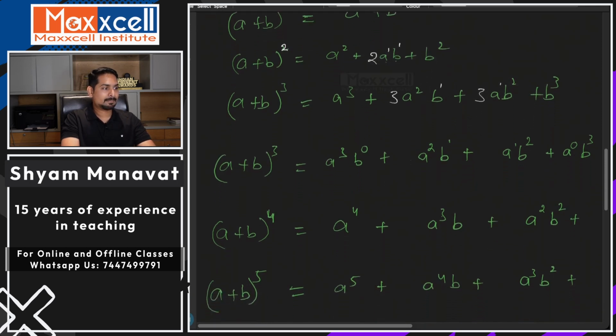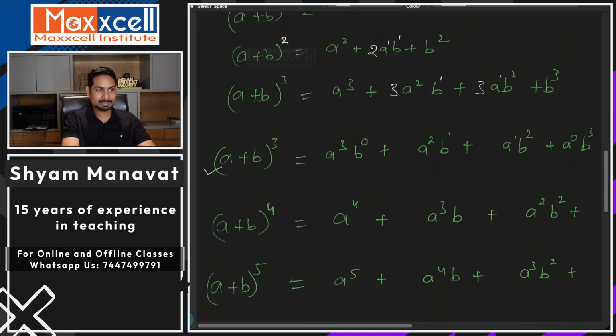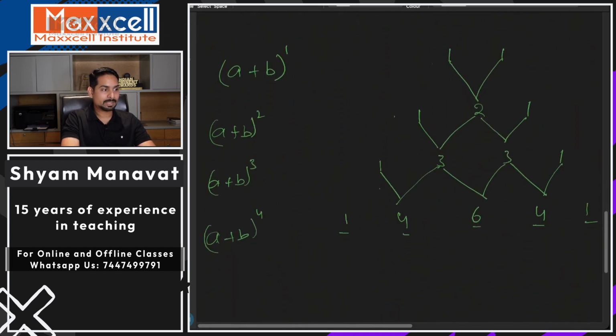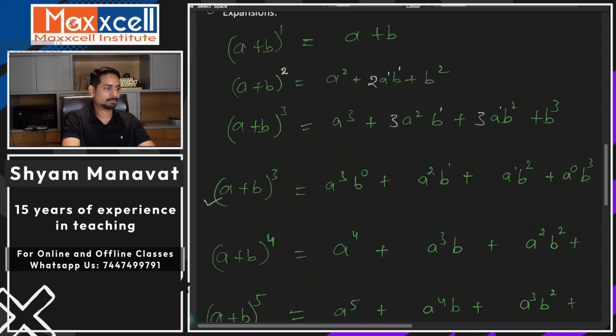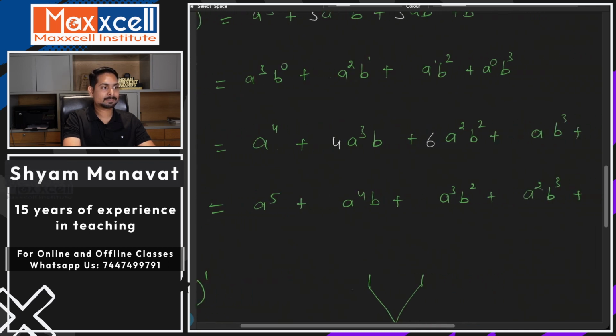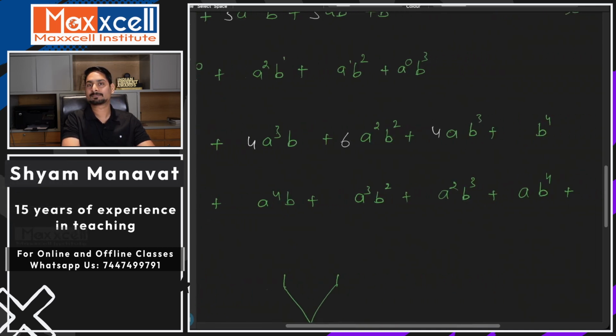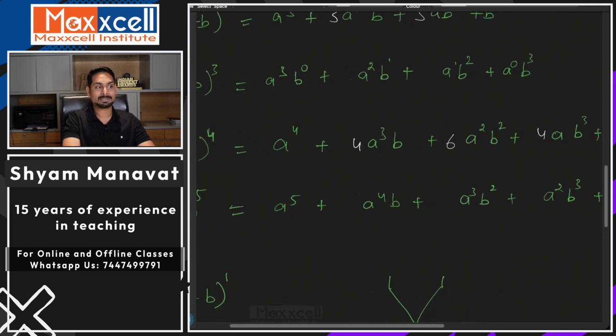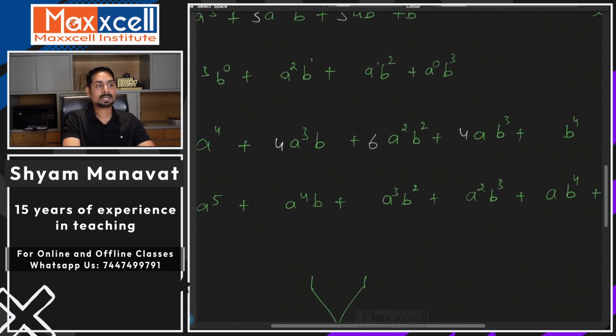This I tried to explain in terms of a and b. Now for power 4 we got 1, 4, 6, 4, 1. So 1 we never write, then 4, 6, 4 and then 1. So a plus b whole to the power 4 is a to the power 4 plus 4a cube b plus 6a square b square plus 4ab cube plus b to the power 4.